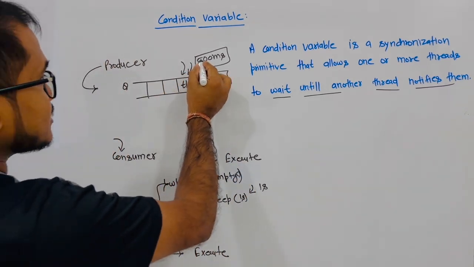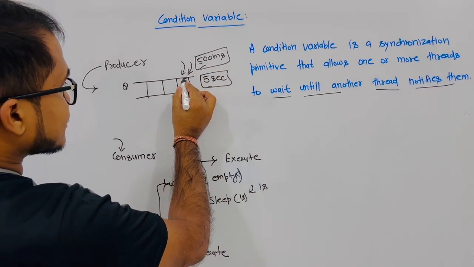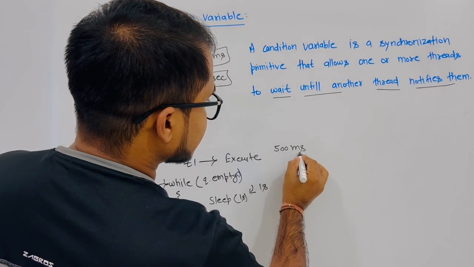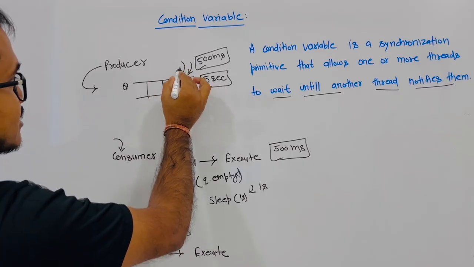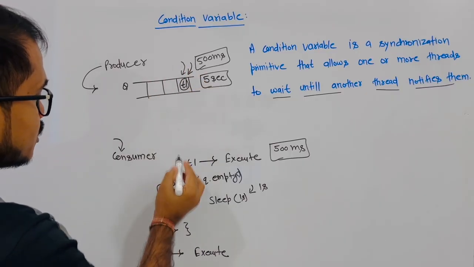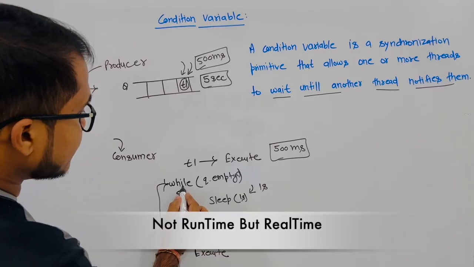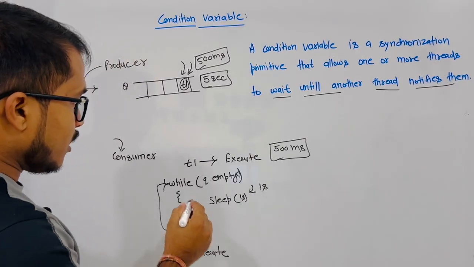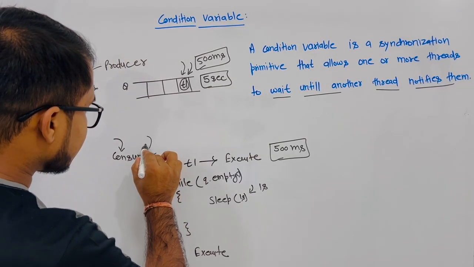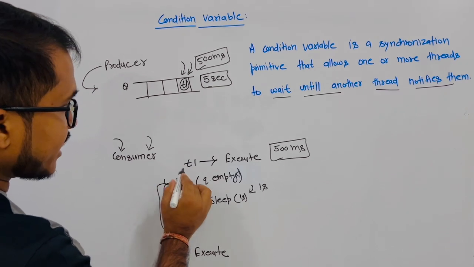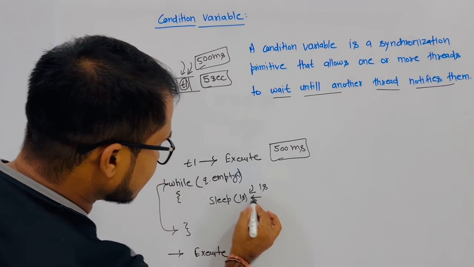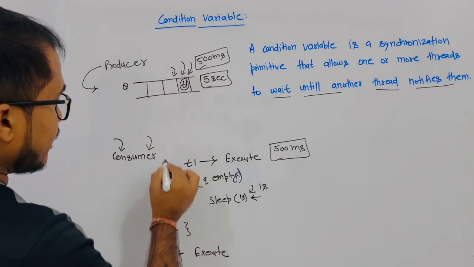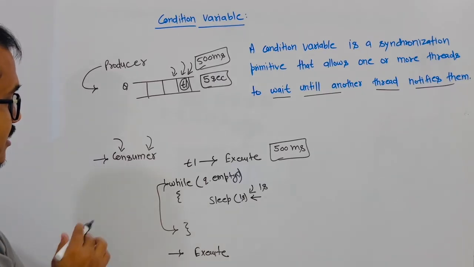So the execution of task T1 will get delayed by 500 milliseconds. Whenever something is added to this task queue, the thread is unable to execute it in real time. So in the first approach, using busy waiting, the consumer thread was wasting the CPU, and in the second approach, where we add a sleep, whenever a task is added to the queue, the consumer thread is unable to execute it in real time.